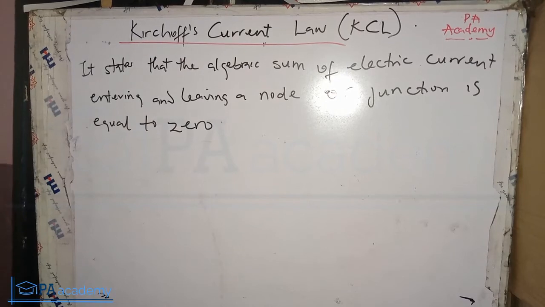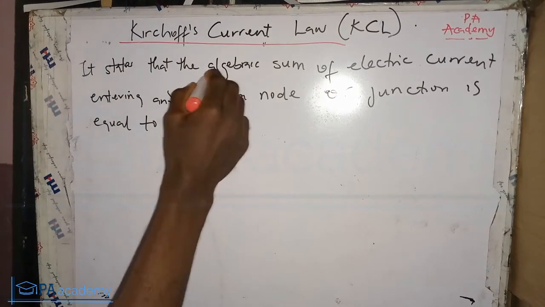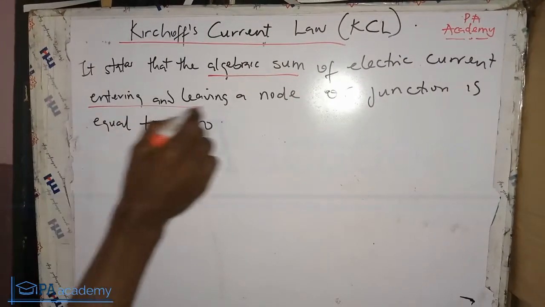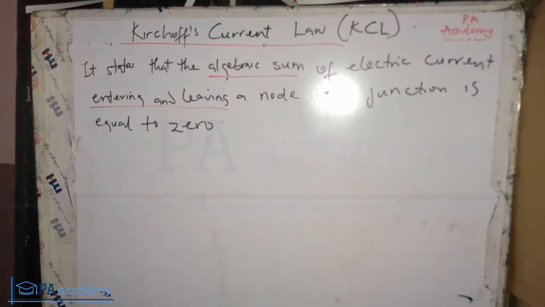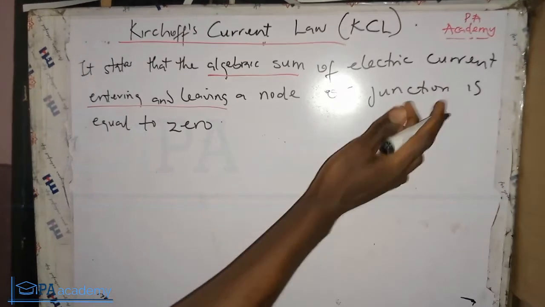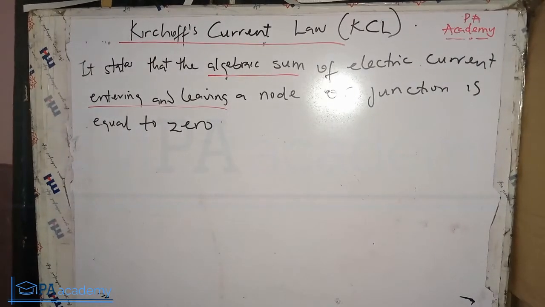Now, what is this saying? They're saying that the algebraic sum of electric currents entering or leaving a node or junction is equal to 0. If you are wondering about a node and a junction, I've also done a video that talks about the difference between a node, a junction, branches, elements, and the rest. All the links to those videos, I'll leave in the description of this video.